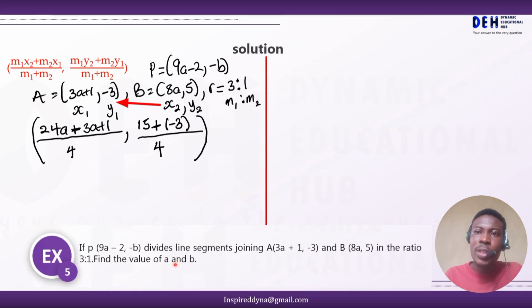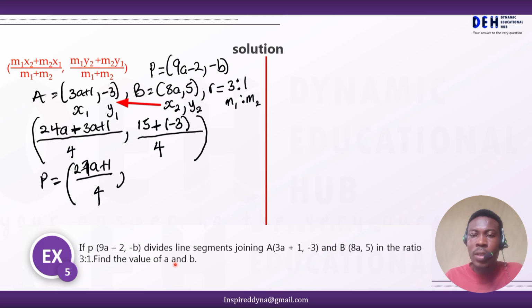Now, according to the question, the point which divides this line AB with this ratio 3:1 has been given, which is 9a minus 2, minus b. So P is equal to what we have gotten here, which is 24a plus 3a plus 1, that is 27a plus 1 over 4, comma.